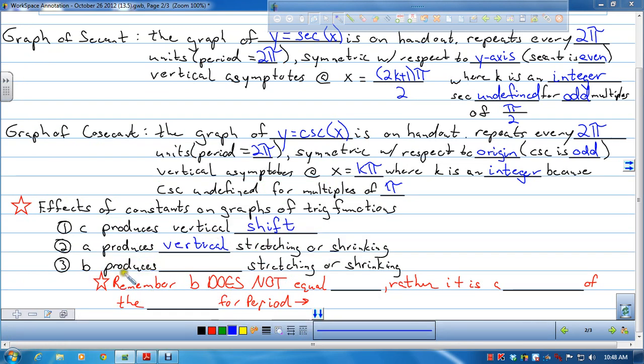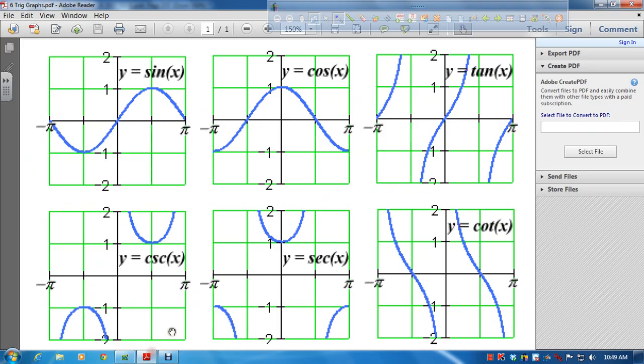And remember that B produced a horizontal stretch or shrink. So what that will do is just stretch out the period. You'll have the same graph, only it will be shrunk into a smaller space or stretched out into a larger space.